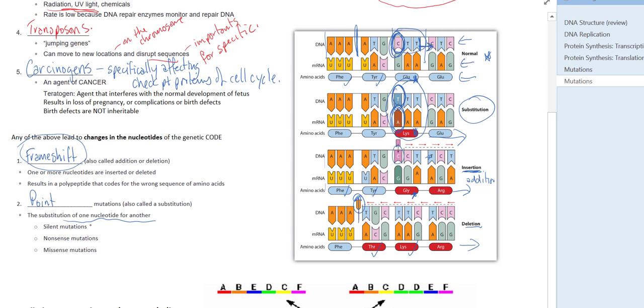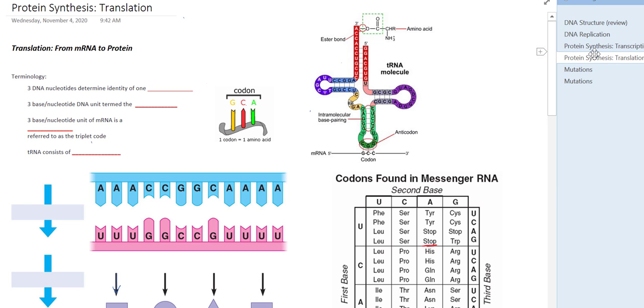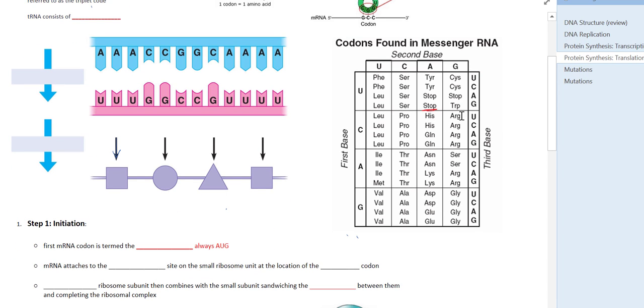We sometimes refer to these as silent mutations, sometimes nonsense or missense mutations, because if we remember back to the table of codons, we can see how sometimes an amino acid will have more than one possible set of codons. So for example, alanine could be GCU, it could be GCC, it could be GCA, or it could be GCG.